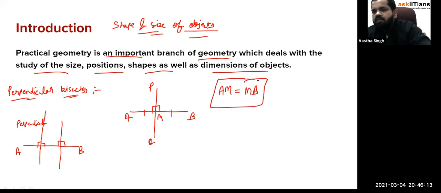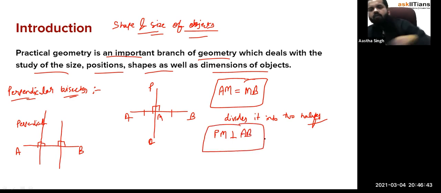Bisector means that it will divide it into two halves. So basically, AM is equal to MB, and your PM is also perpendicular to AB. This is the sign of perpendicular. This is what perpendicular bisector means. How to draw and construct it, we will study later on.